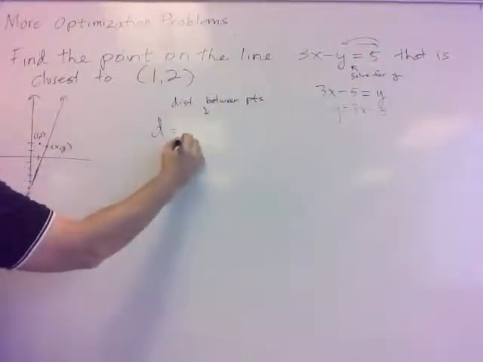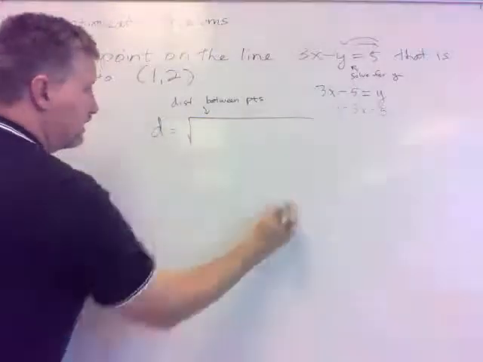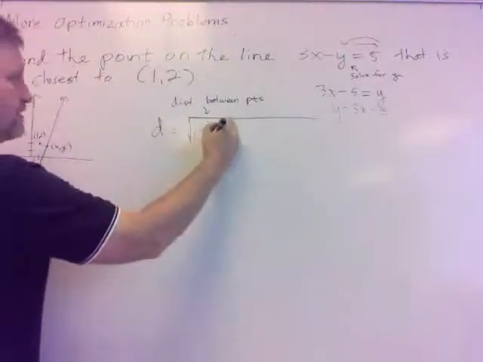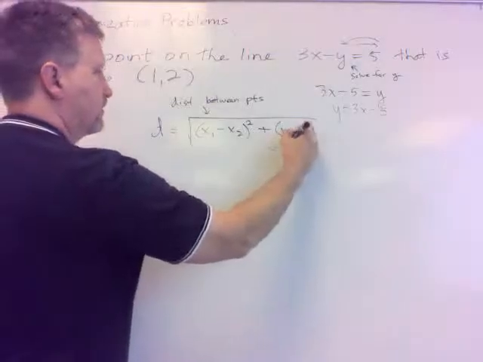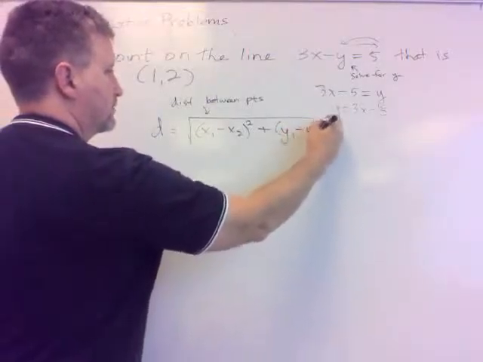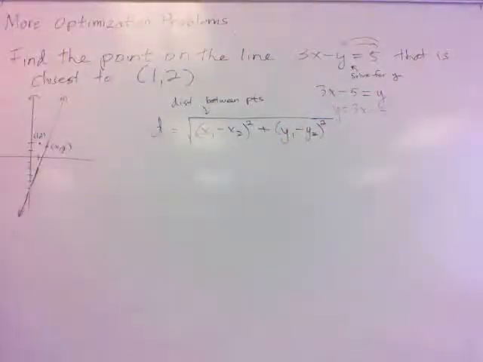Well, it turns out it's the square root of (x1 minus x2) squared plus (y1 minus y2) squared, or something like it. You can switch the x1s and x2s. Seen that before, right? I want to minimize that distance.